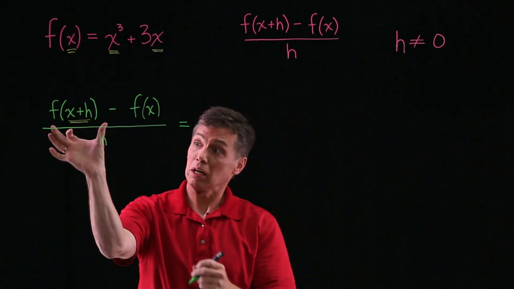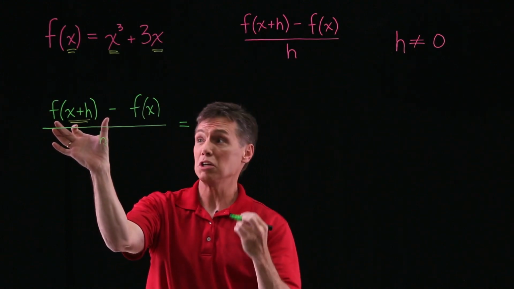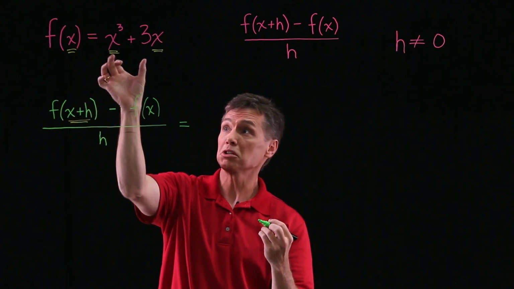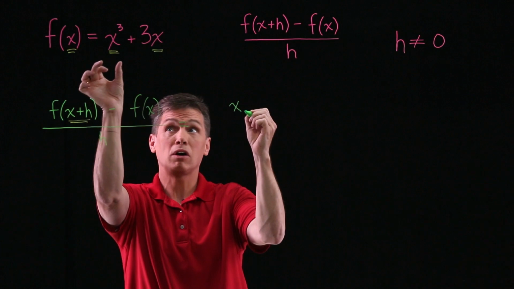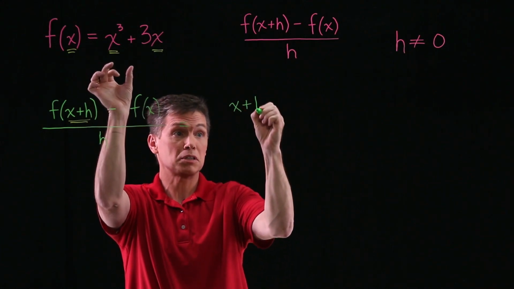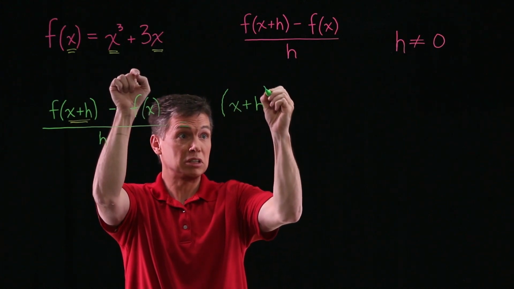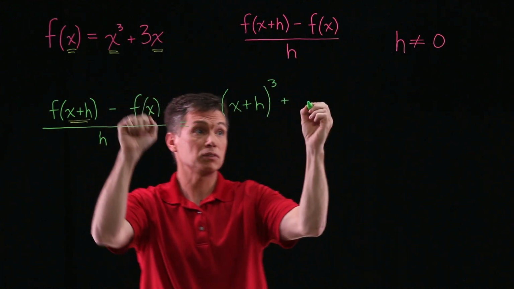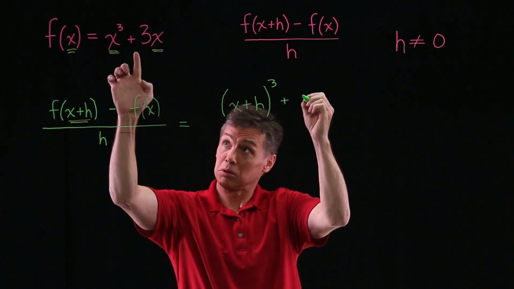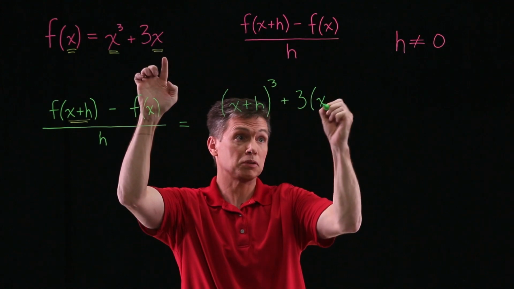So I'm going up to the original function and putting an x plus h wherever I saw an x in the original function. That x was cubed, so I actually need the entire x plus h cubed. Plus, the plus coming from here, 3 times x plus h.